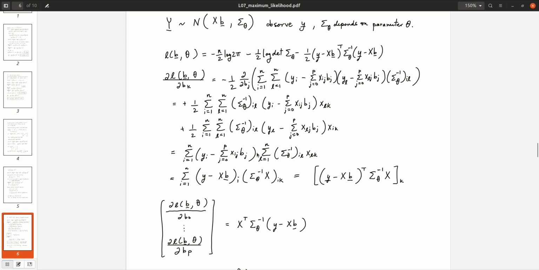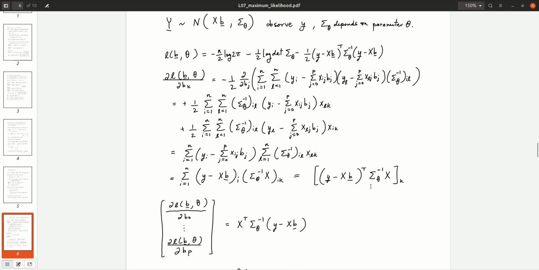So I'm representing this scalar here as the ik entry of this matrix multiplication. If we look at this thing, this is just the ith entry of y minus xb. So this is the ith entry of this vector. And then we're summing over i. So this is like the dot product of that vector with the kth column of this matrix product.